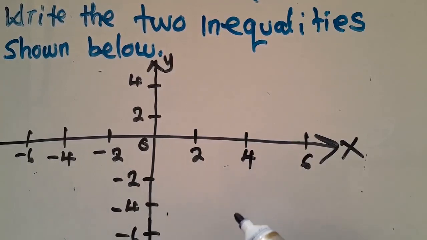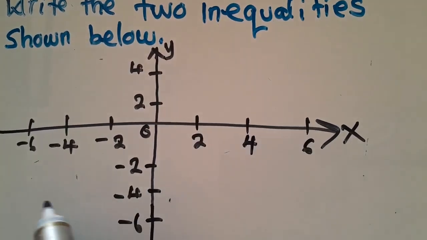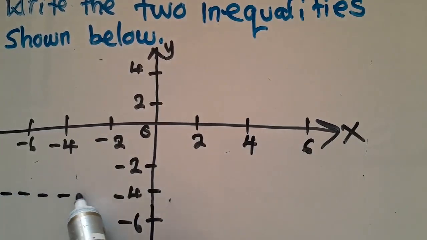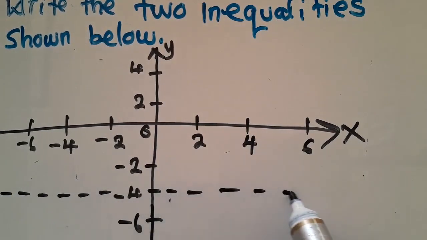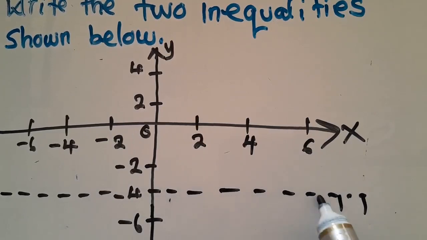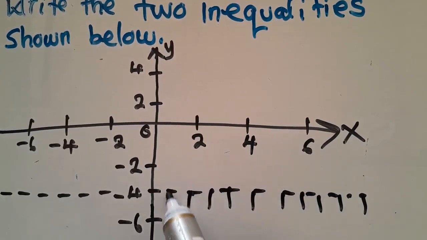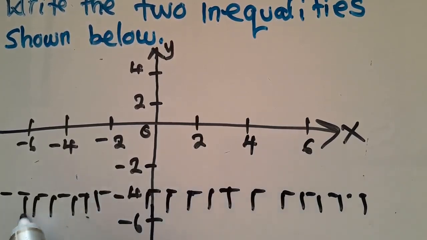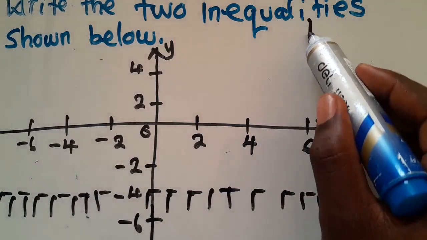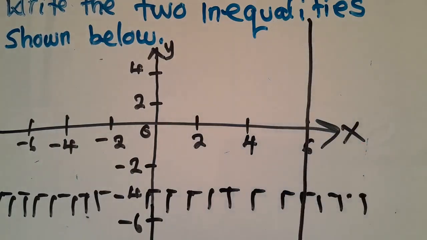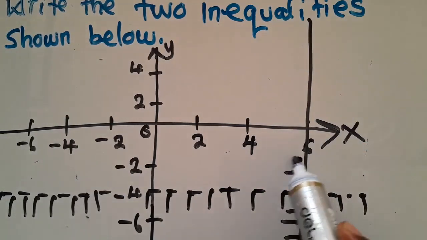So this is the part that we want to do. Let's say this is the part. I've shaded the down part. We are also having this one passing through there. That is a 6 there. I've shaded this part.